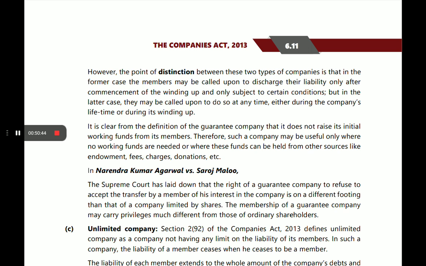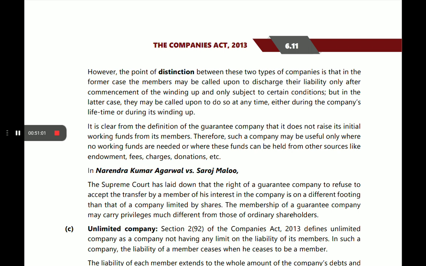It is clear from the definition of the guarantee company that it does not raise its initial working funds from its members.